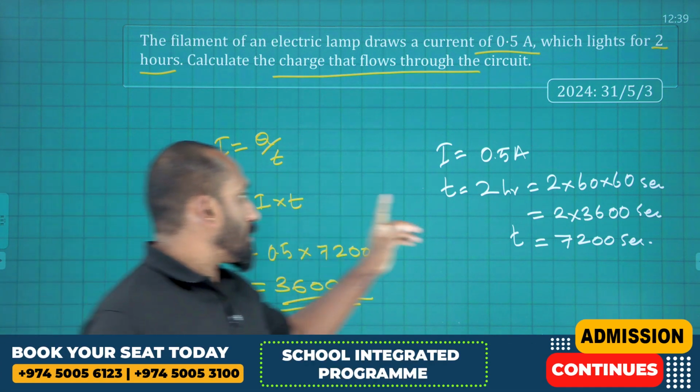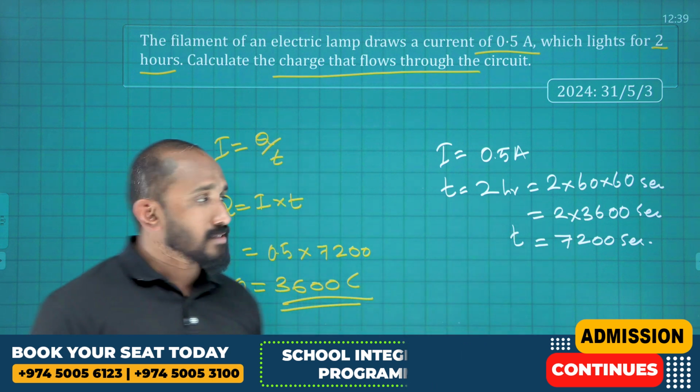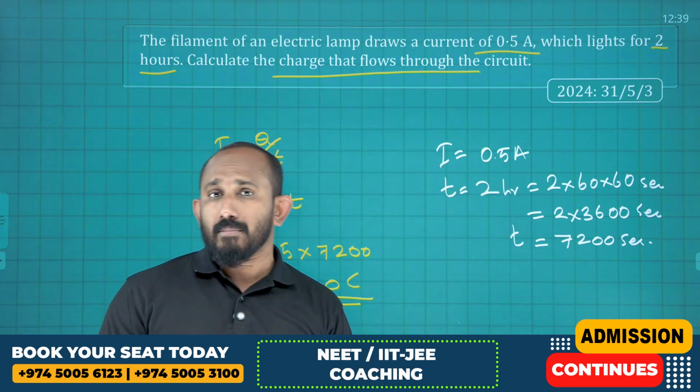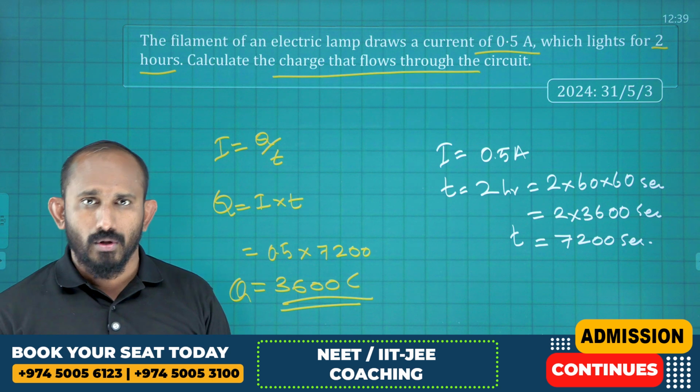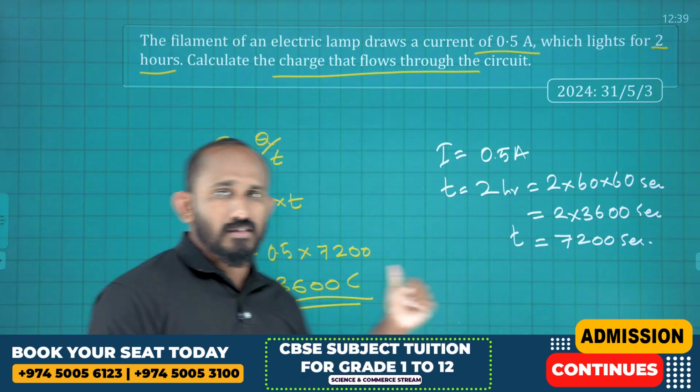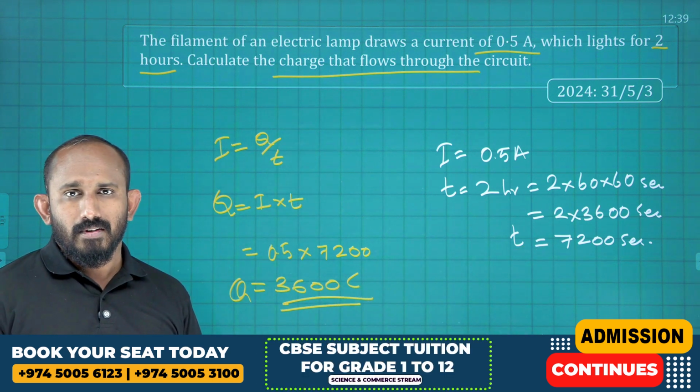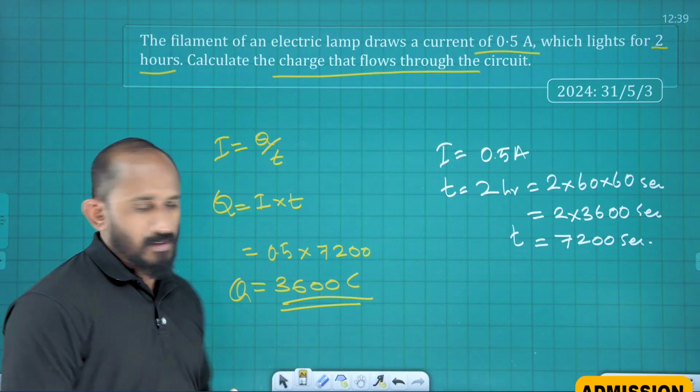Because time is 7200 seconds and I is 0.5 ampere. 0.5 means 1 by 2, you know. So 7200 by 2 is 3600. Hope you got the answer. Let's go for the next question.